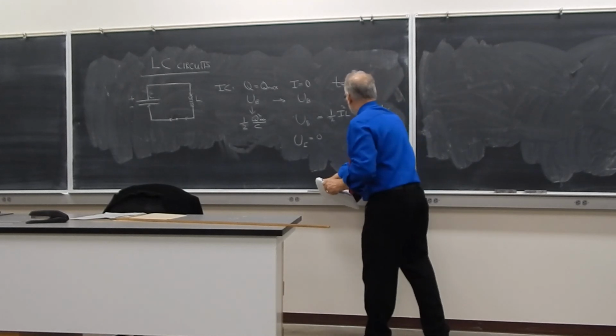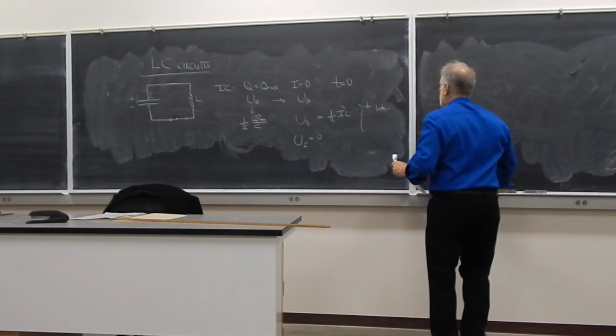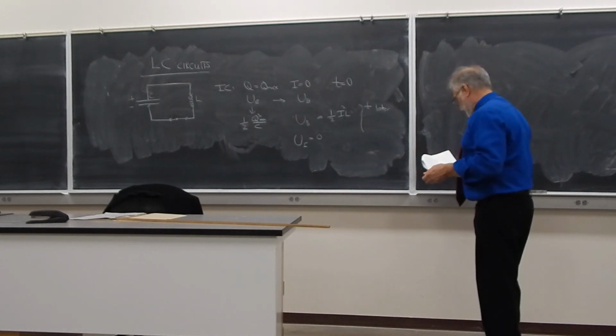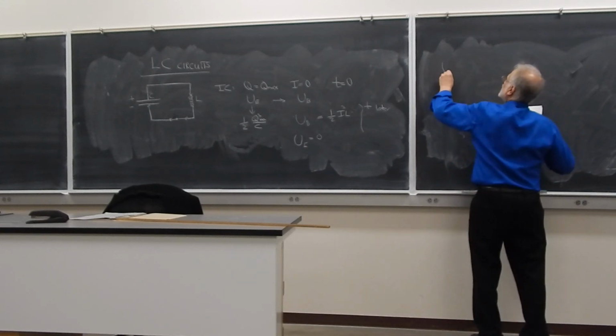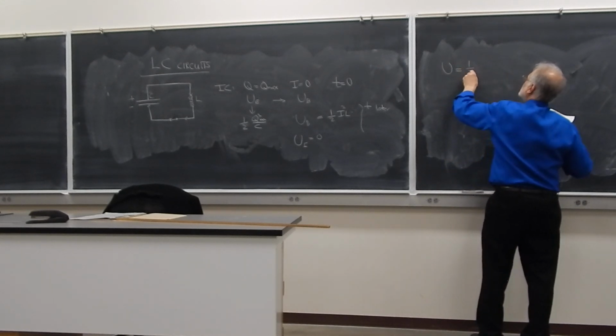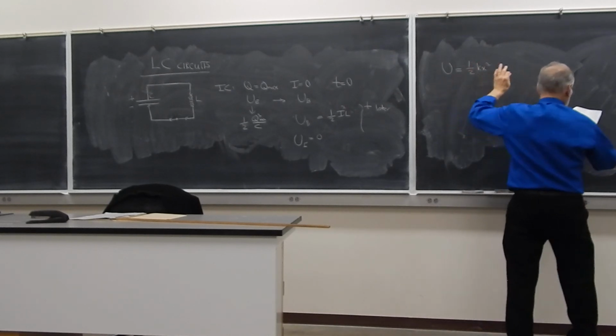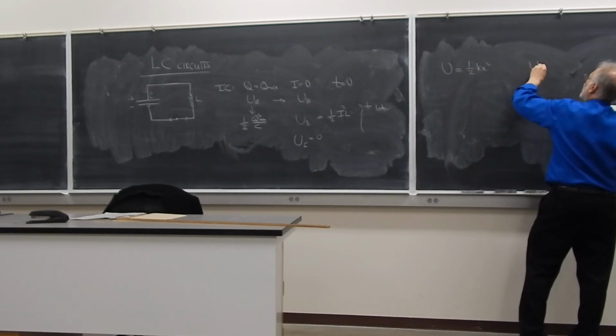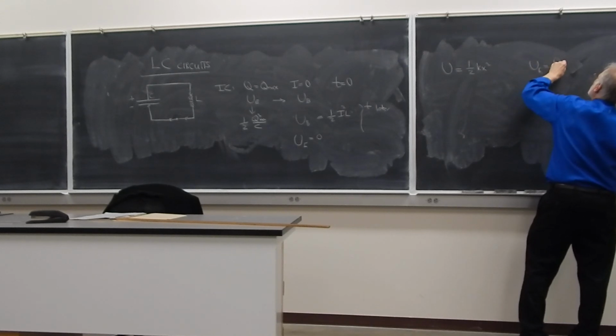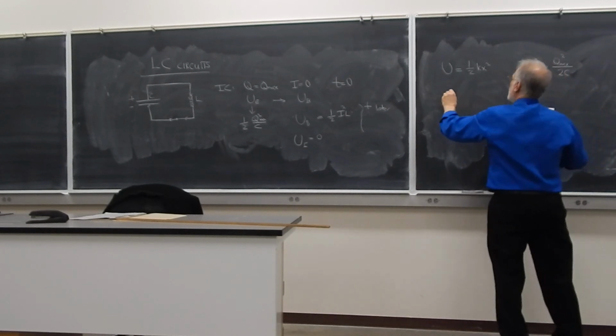So this is very, very similar, as I said, to the conditions of a mass spring system. I think of potential energy in a fully stretched spring. I can write that as 1/2 kx squared. That's analogous to the case where I have all of my energy in the capacitor, so it'd be Q max squared over 2C.